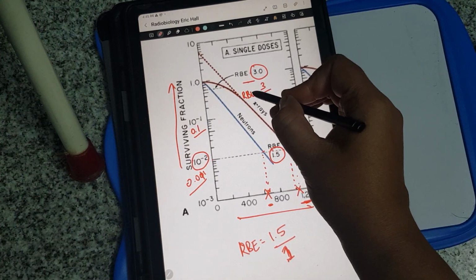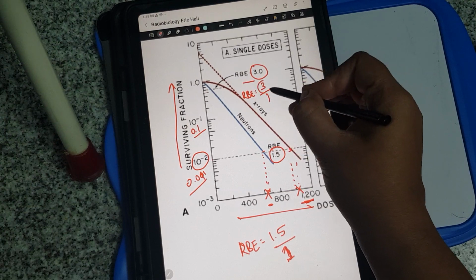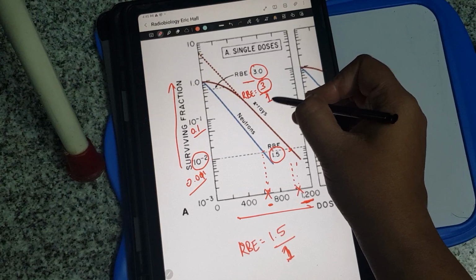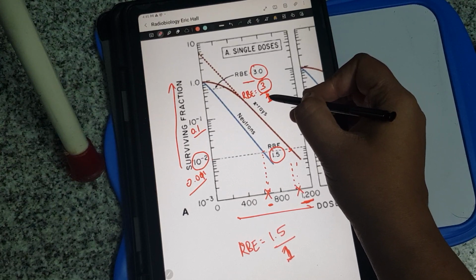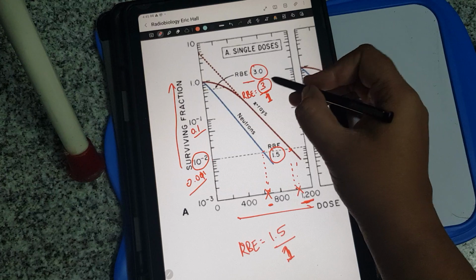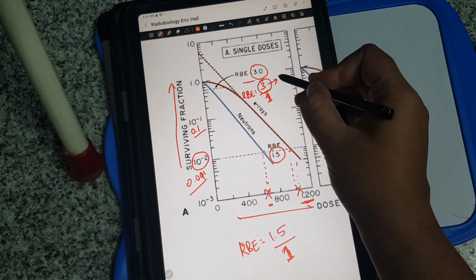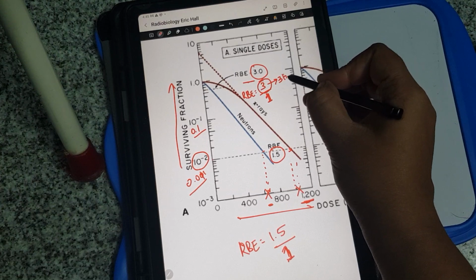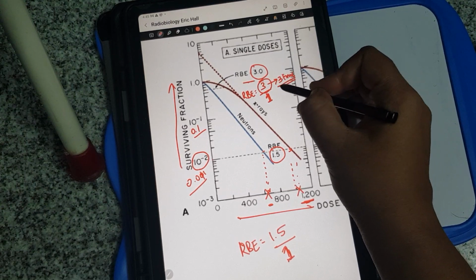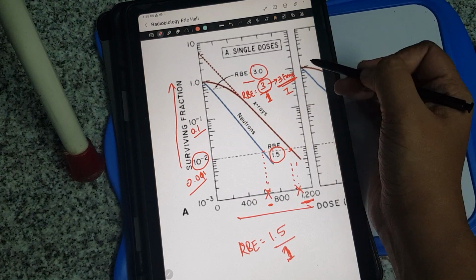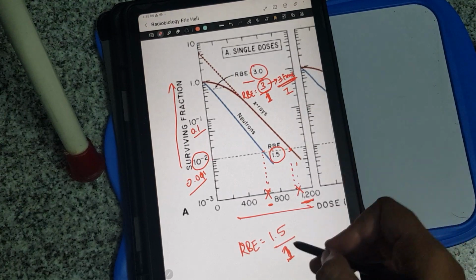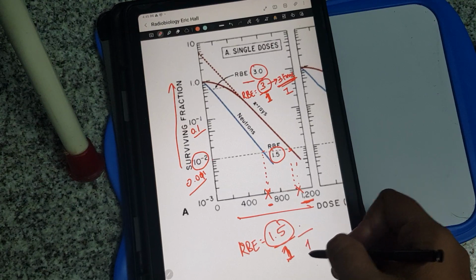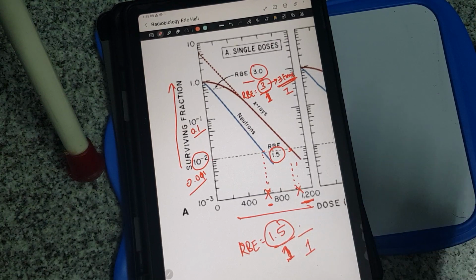Neutrons were more effective here compared to the X-rays. If you require three times of X-rays to get the same effect as one time of neutrons, here you require 1.5 times of X-rays to get the same effect with one time of neutrons.